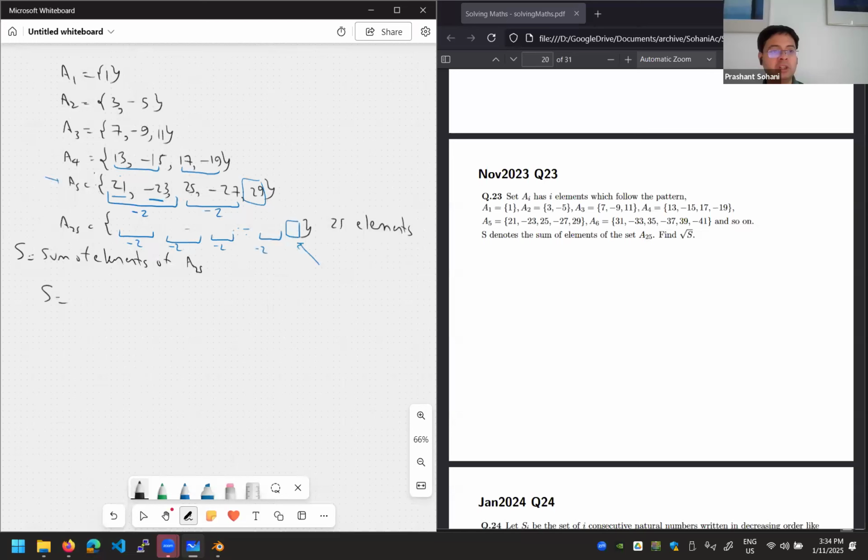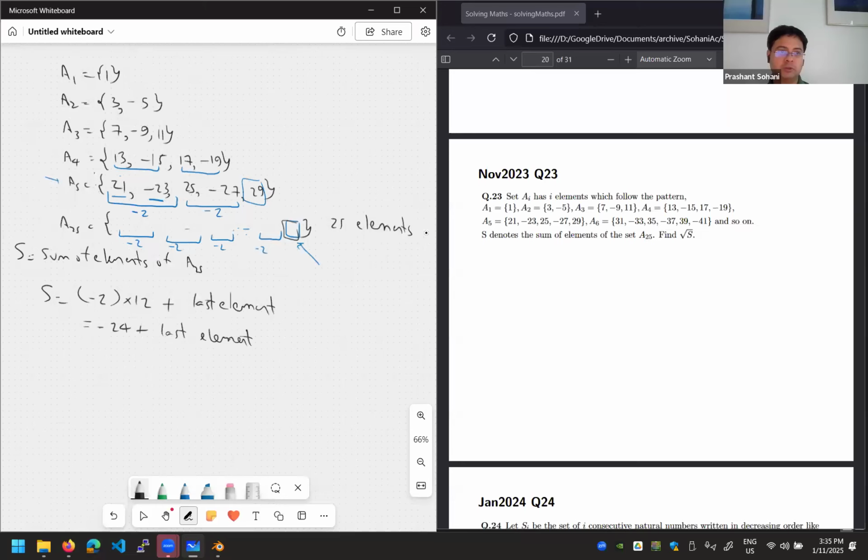So S is just minus 2 repeated 12 times plus the last element. That is minus 24, and all I need to find out is the last element. If I find the last element, then I know the sum of the entire set.